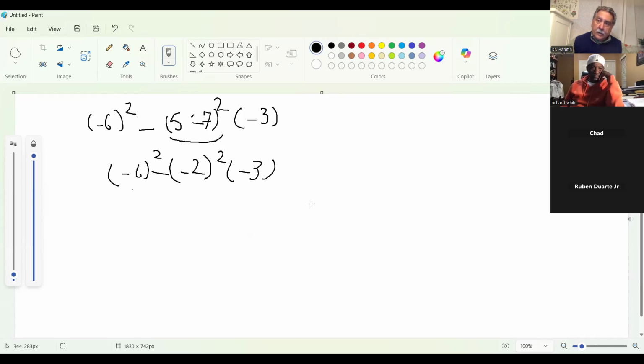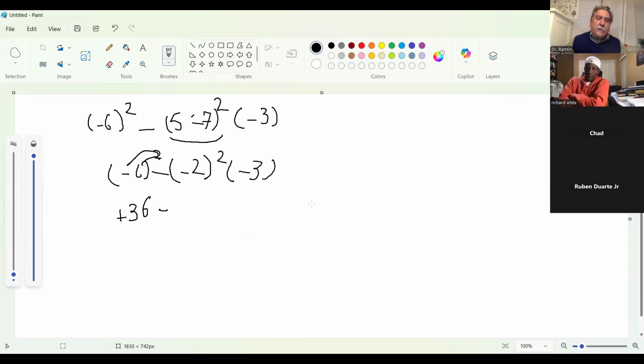Okay? Then I take care of the exponent. Here, this 2 is outside the parentheses, so it applies to both the sign and the number. So minus 6 times minus 6 is plus 36. All right? You follow me? Richard, are you okay? Okay. Because you said you always start in the middle and work your way out?